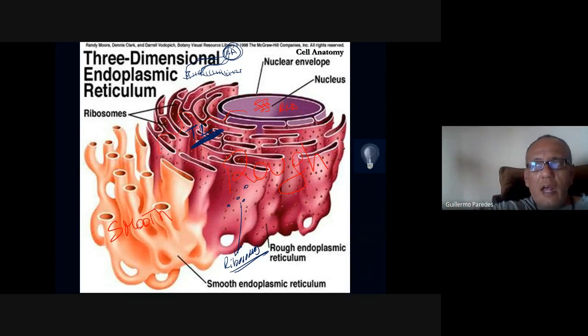When you want to make a recipe, in your house you have the recipe and you copy it in a book. That is the messenger RNA who is going to copy the recipe.